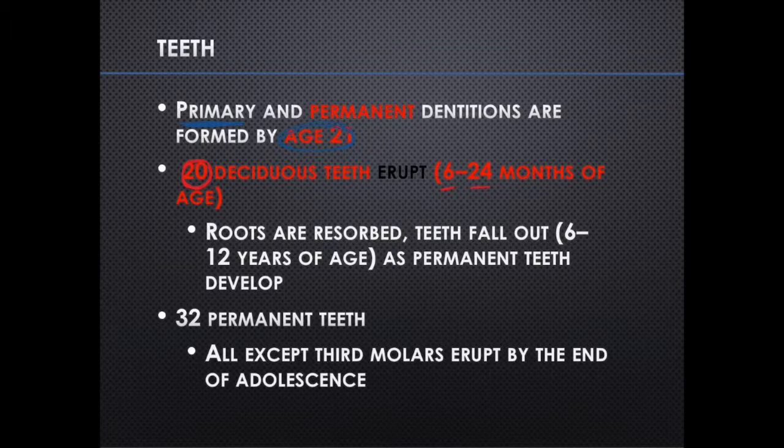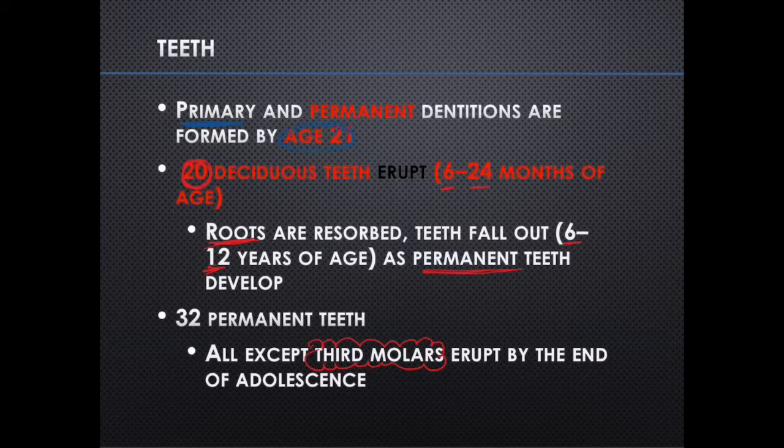What happens to the deciduous teeth? Those roots will be resorbed and they will start to fall between 6 to 12 years of age, and they will be replaced by the permanent dentition. 32 permanent teeth, all except the third molars, will erupt by the end of adolescence. Do you know what we call the third molars?